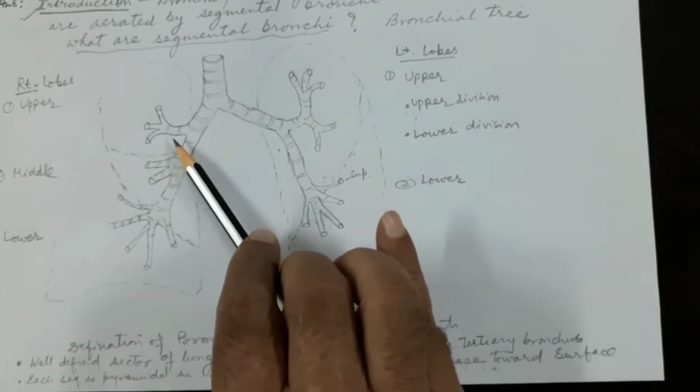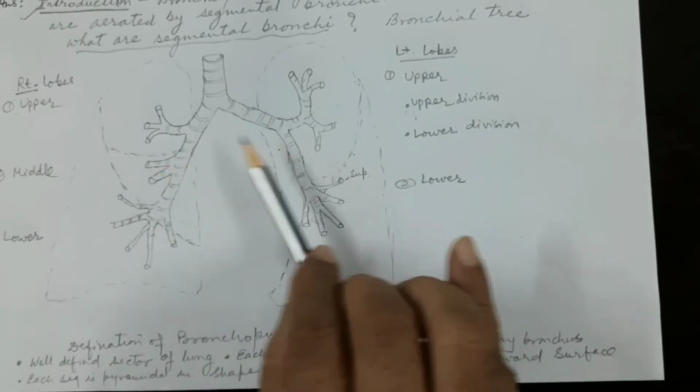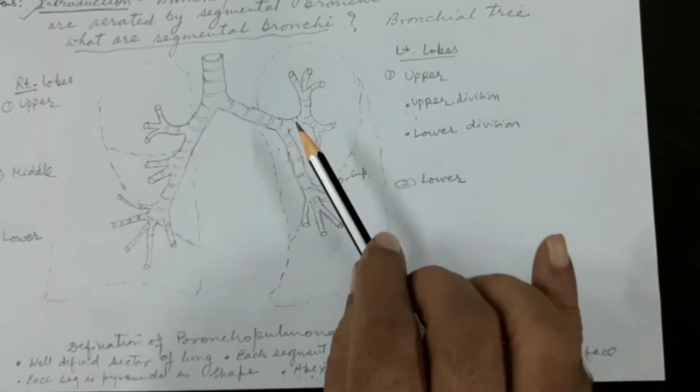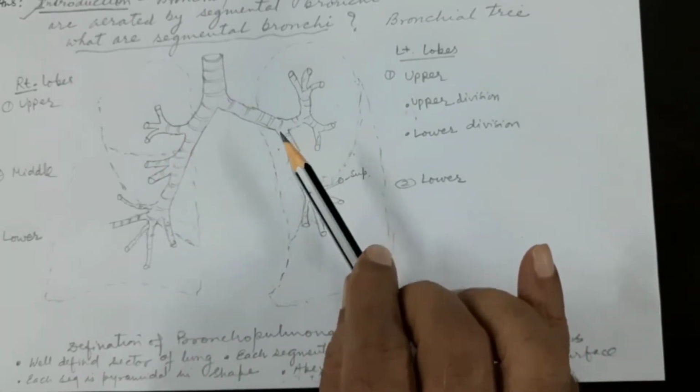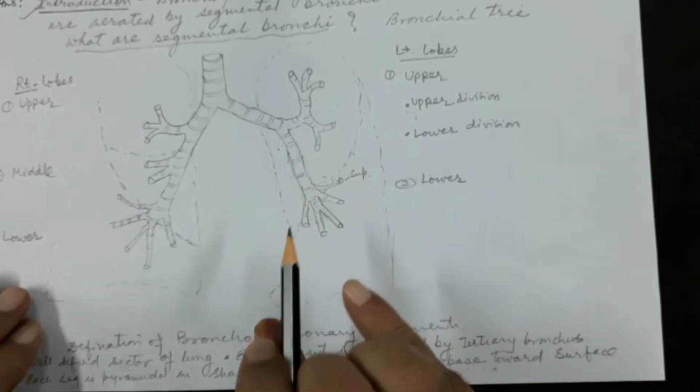That means the principal bronchus, after going into the lung tissue from the root of the lung, divides into the secondary bronchi, which are also called lobar bronchi.